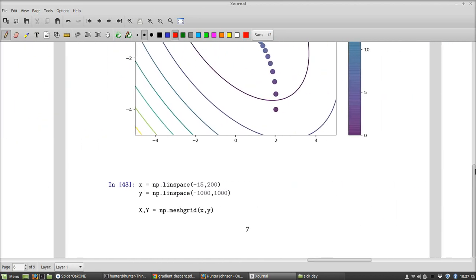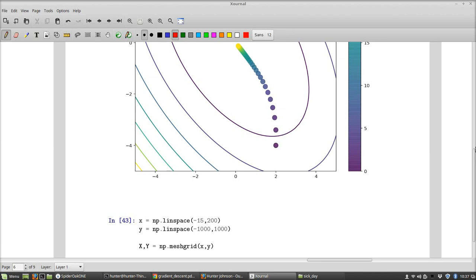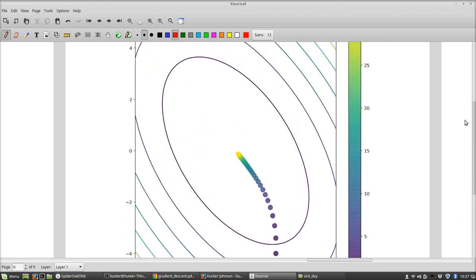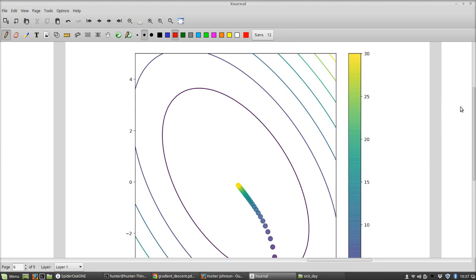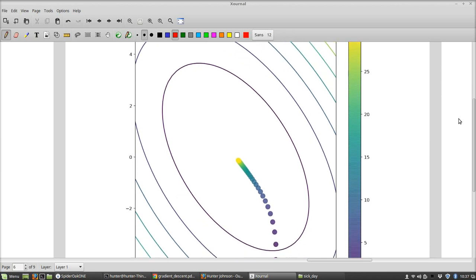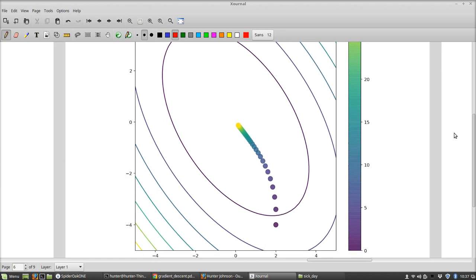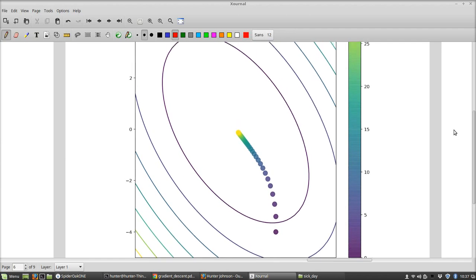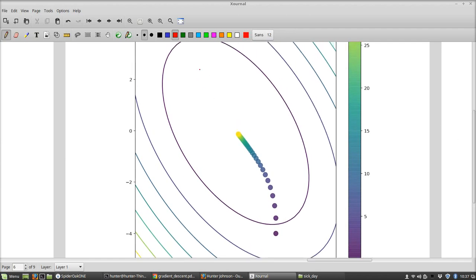Let's keep going and see the next thing. Alright, something interesting happens here, which is instead of converging in 10 steps, now it converges in about 30 steps. And it still doesn't even look too good to me at 30. And so you can ask, why did it take so much longer? It has to do with the way this dimension is exaggerated. You can see this thing is pretty far from being circular.